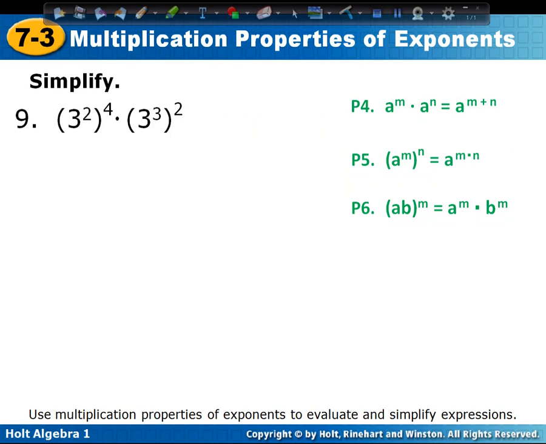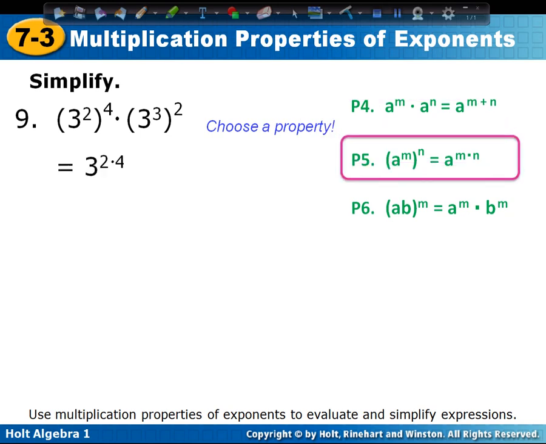All right, number 9 says 3 to the 2nd raised to the 4th and 3 to the 3rd raised to the 2nd. So the first thing I see here is that I have a power raised to a power. So I'm going to take care of that first. And I'm going to say 3 to the 2 times 4 and then 3 to the 3 times 2, which gives me 3 to the 8th and 3 to the 6th.